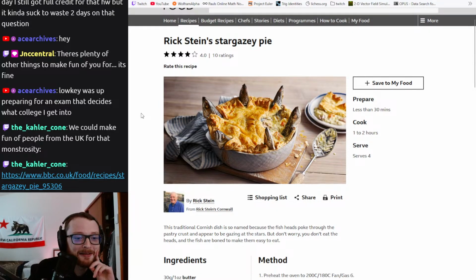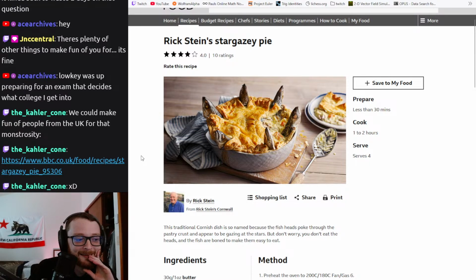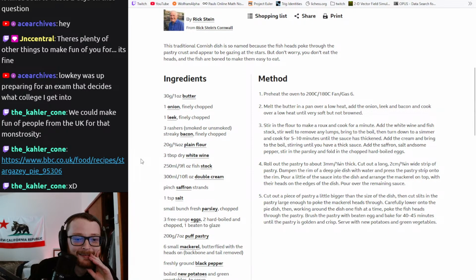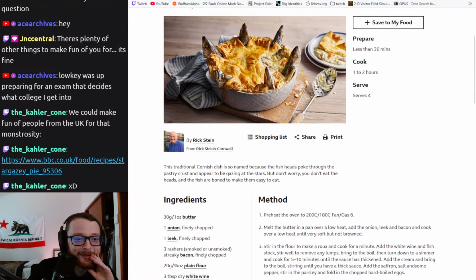Stargazy Pie. I can see why it's called Stargazy Pie. You don't eat the heads, and the fish are boned to make them easy to eat. Don't bone the fish before I eat it, please. This is creepy.